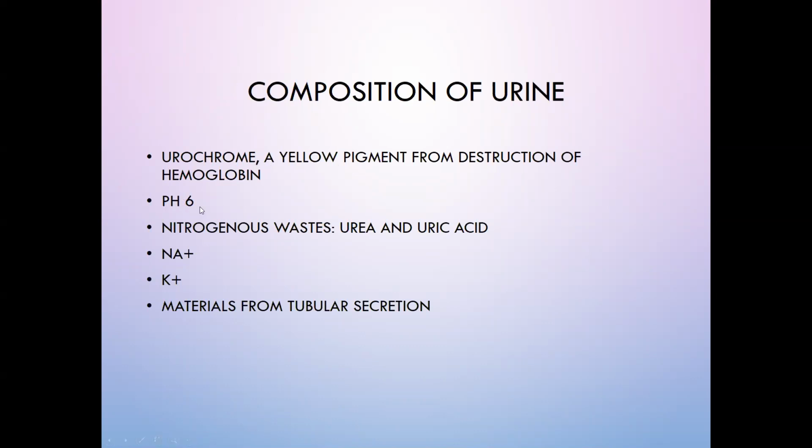pH of 6. Okay, so it's slightly acidic. And why is it slightly acidic? Because typically we produce lots of acids as we go through our ATP production in our bodies. And so remember, our kidneys are for acid-base homeostasis. And so when we absorb sodium, remember there are those hydrogen antiports.